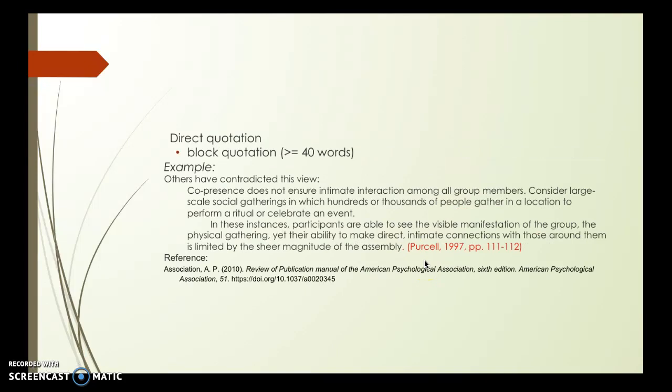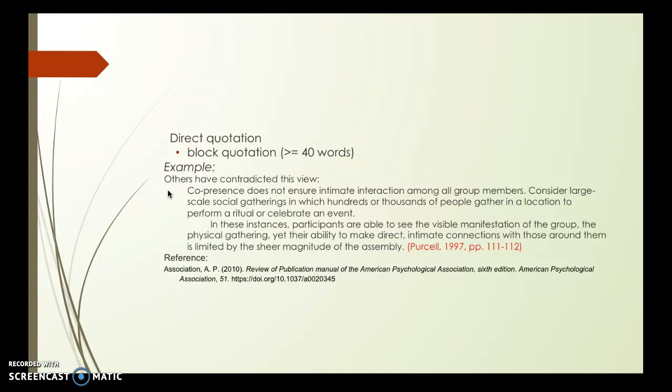Now the block quotation is more than 40 words. For this part, you need to start on a new line and indent the block about a half inch from the left margin, in the same position as a new paragraph.